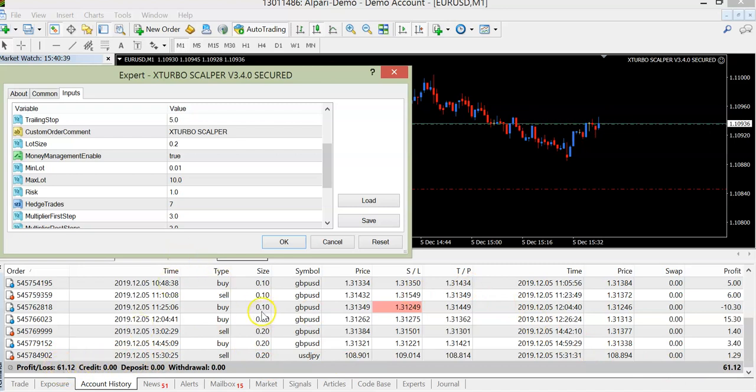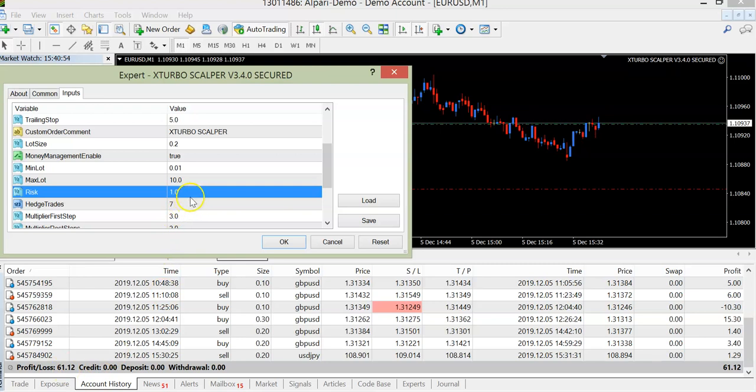So each time the 1% will be higher. So we started with, let's say, $1,000, but now we have 1,061. And when it opens 1%, it will be higher. Then again, higher, higher, higher. So it will make compounding.